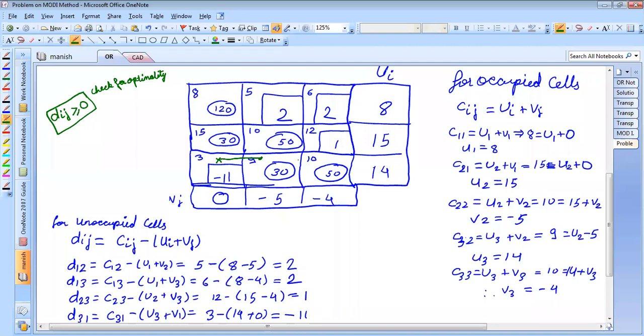So this option is not good for me. If I move up there, there is no allocation, so I cannot make a turn. The only option remaining is to take a turn here. If I take a turn, then I'll come back to this original position. So this is my path.